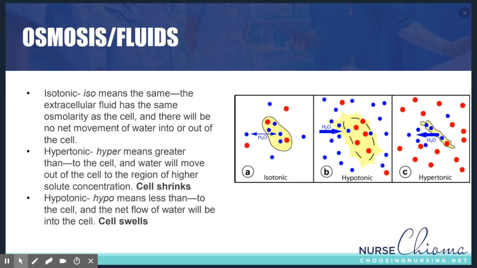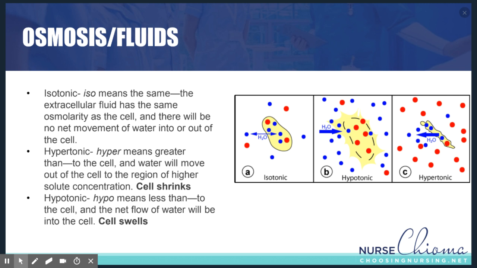So when it comes to osmosis, we have something called isotonic, hypotonic, and hypertonic. Iso means the same. If you look at the picture on the left side, this is referring to the extracellular fluid having the same osmolarity as the cell, meaning there's no movement of water in or out of the cell.